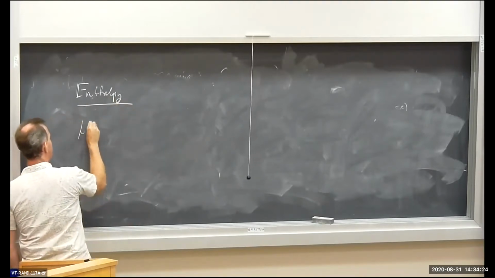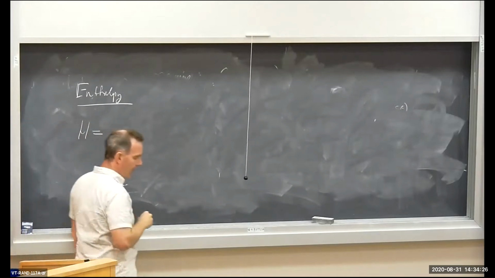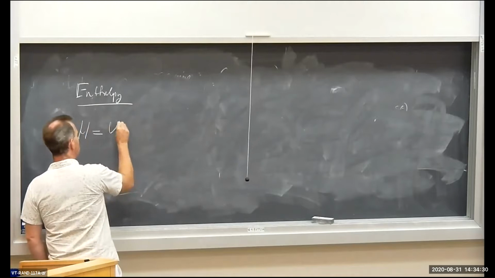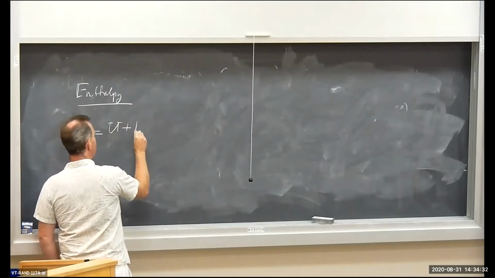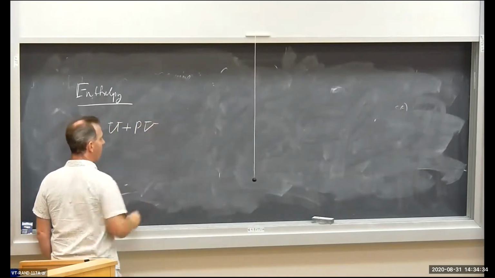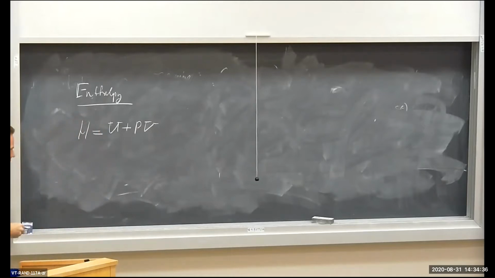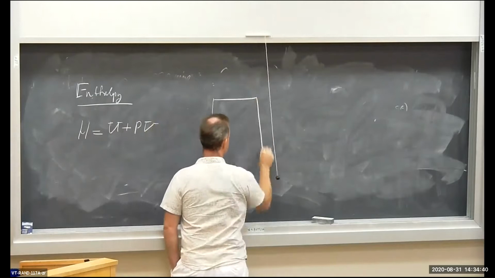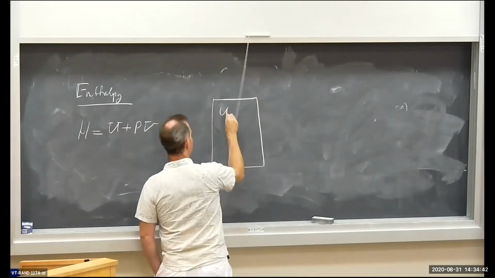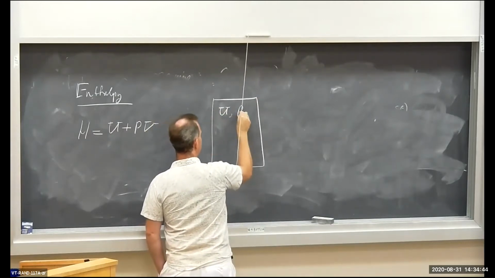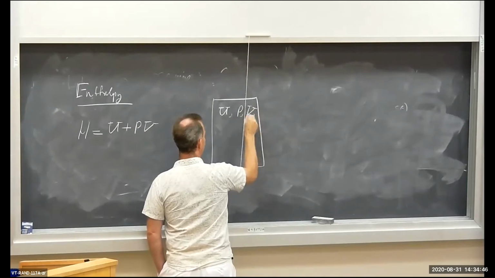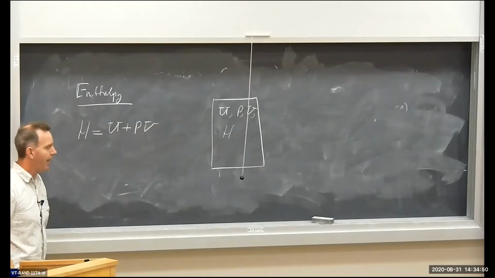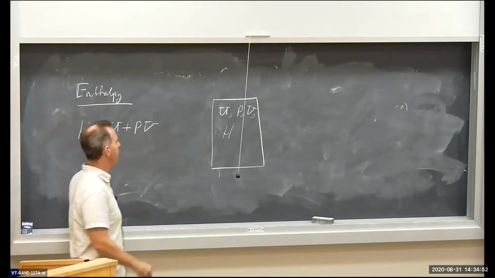Enthalpy is given by the symbol H and is defined as internal energy, U plus pressure times the volume of the system. So we have a system. It has an internal energy. It has a pressure. It has a volume. Therefore, it has an enthalpy H. H is equal to U plus PV.